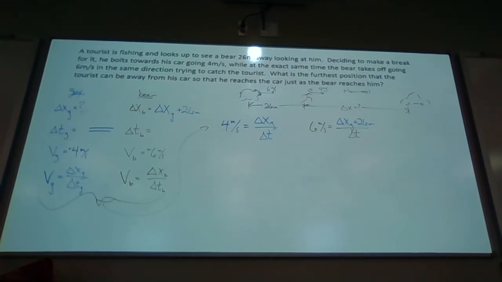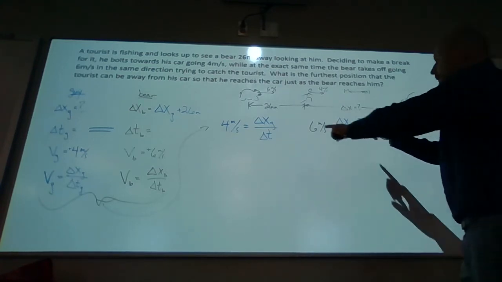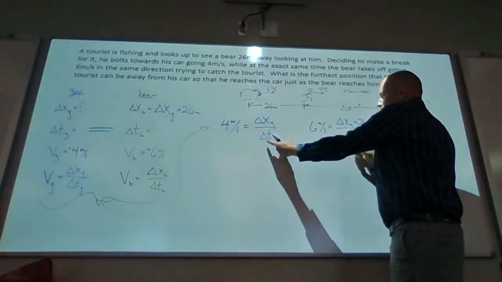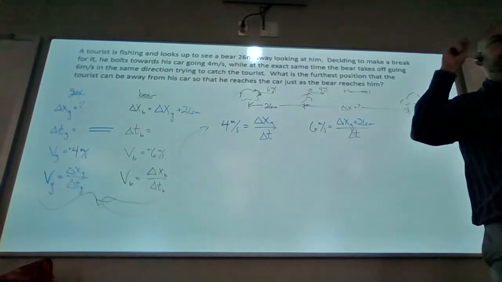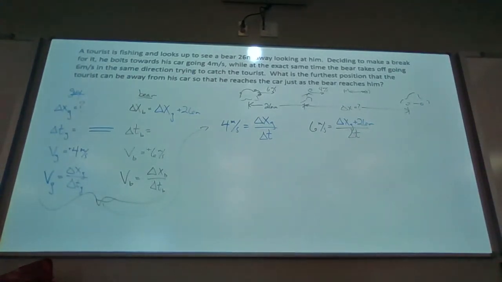Okay, how many unknowns do I have? These are the same. These are the same. 2. How many equations do I need in my system of equations to solve for 2 unknowns? 2.